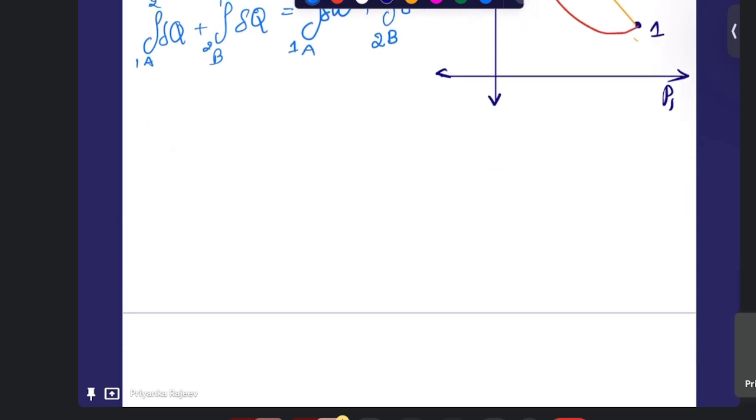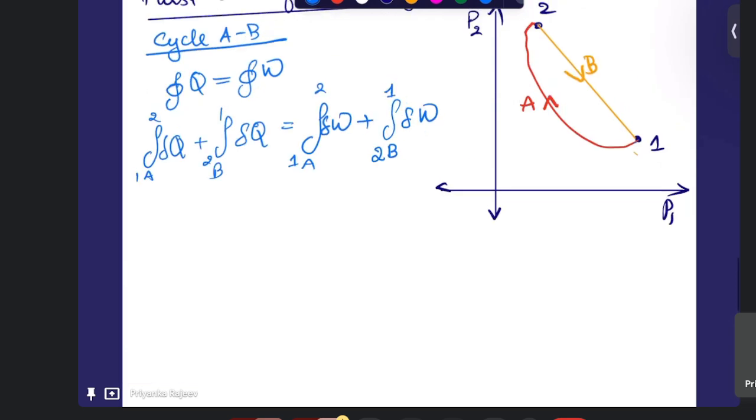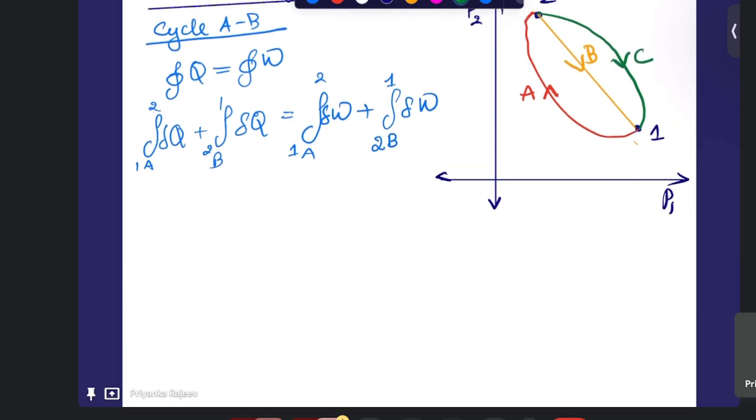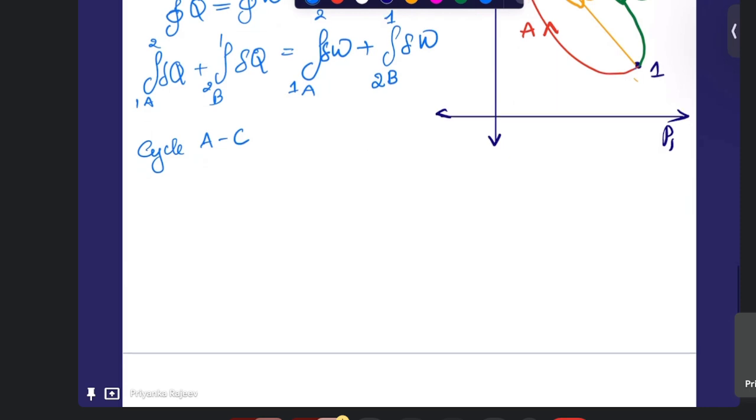If I think about another path, I can take this system from state 2 to state 1 in multiple ways, right? So I'm thinking of another path here, which is path C. And I'm considering the cycle AC over here.